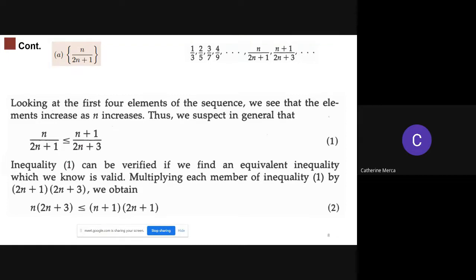So, you come up with n times 2n plus 3, and then n plus 1 times 2n plus 1. What is this? This is 2n squared plus 3n. And for the other, you can use long multiplication, or n times 2n is 2n squared, 1 times 2n is 2n, 1 times n is n.